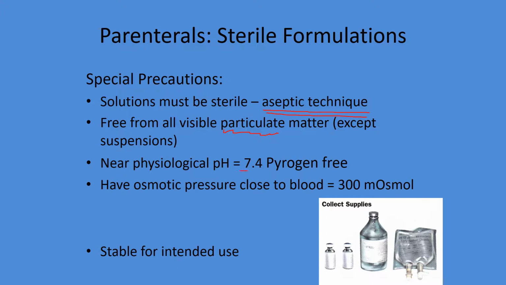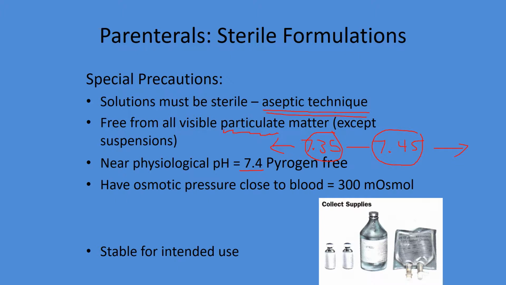Blood pH is 7.4. Can't really range away from that too much, or the range is very small. So if you're below or too high, then the body will shut down. So you can't put things that are too acidic or too basic and change the overall blood pH.